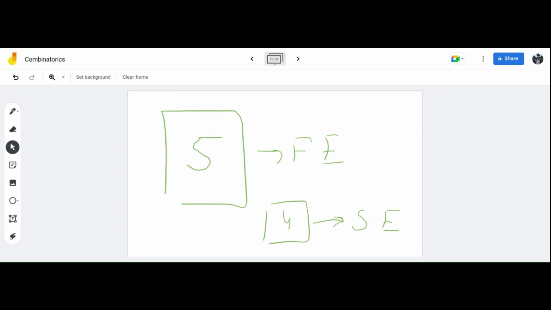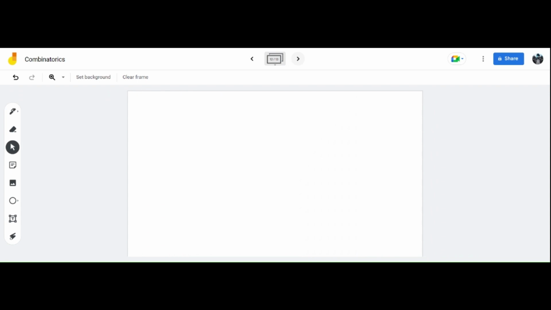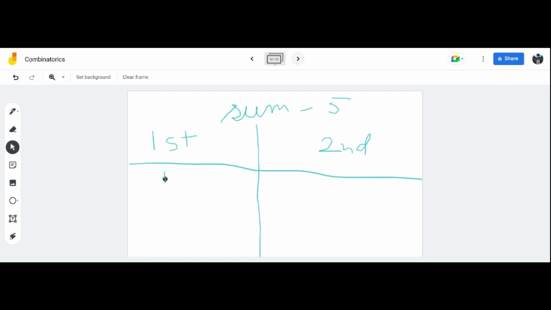So the number of ways when the sum of the dice's throw will be 5. We'll first start with that. Okay, let's say the sum on the first dice is in this column and second is in this column. Okay, so when on the first dice the number 1 comes, it'll be 4, 2 and 3, 3 and 2, and the last 4 and 1.